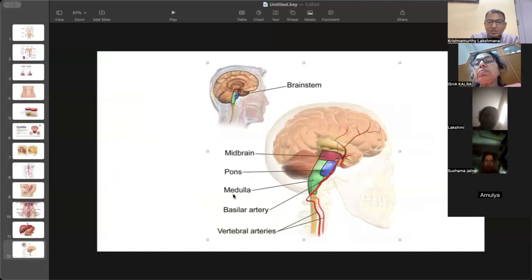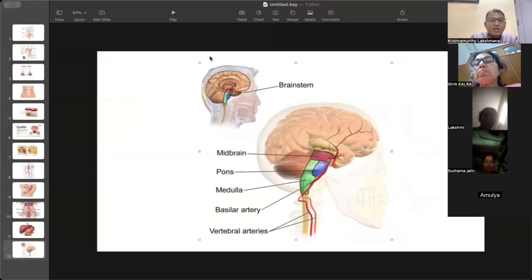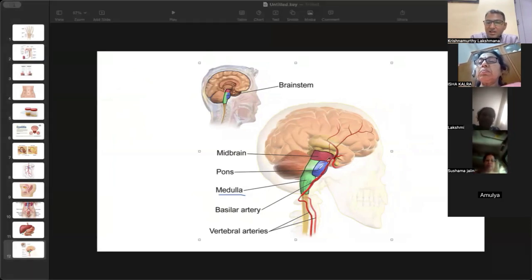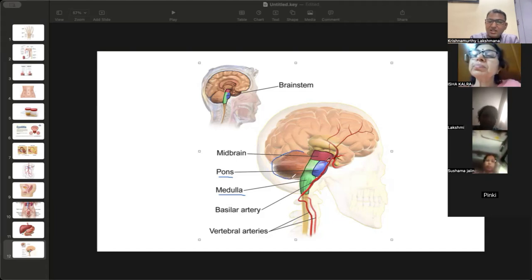See, this is medulla. Right? And then pons is coming. And after that pons, what will come? Midbrain. So before midbrain, there is something else, cerebellum. Right?